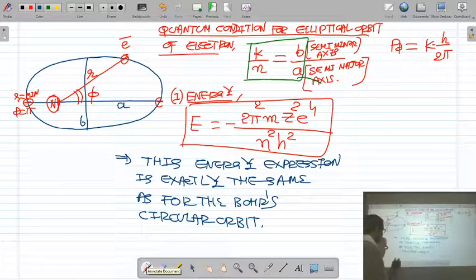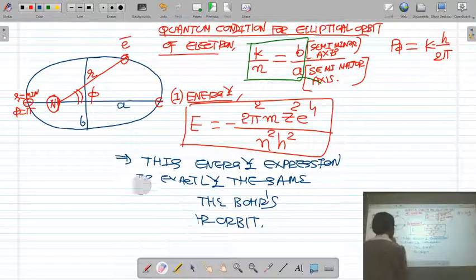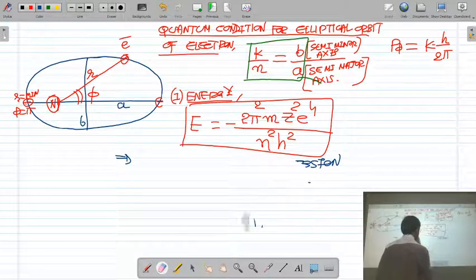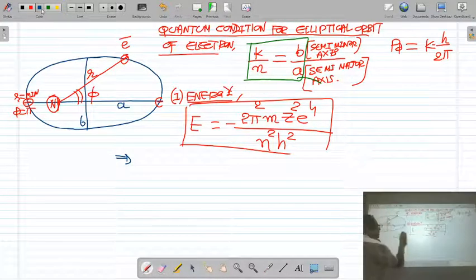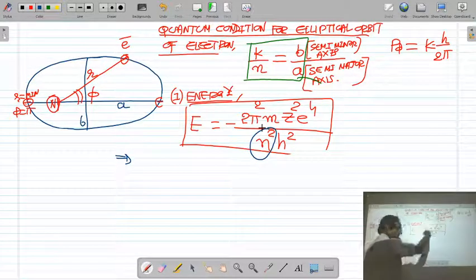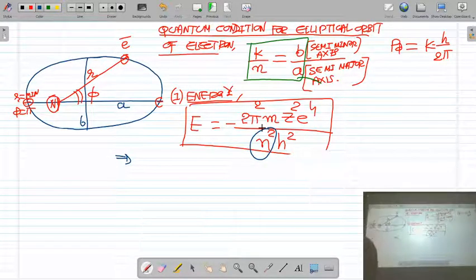It means that your energy depends only on the principal quantum number n. K is cancelled, so it does not depend on the azimuthal quantum number k.